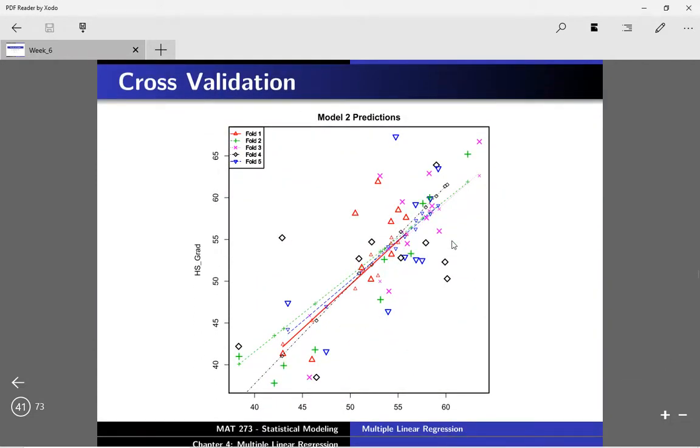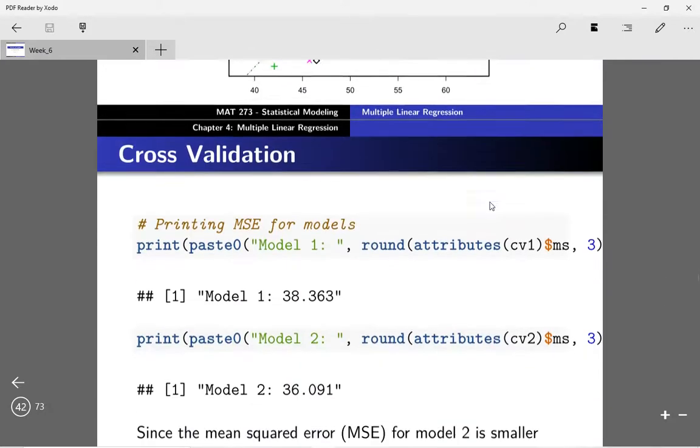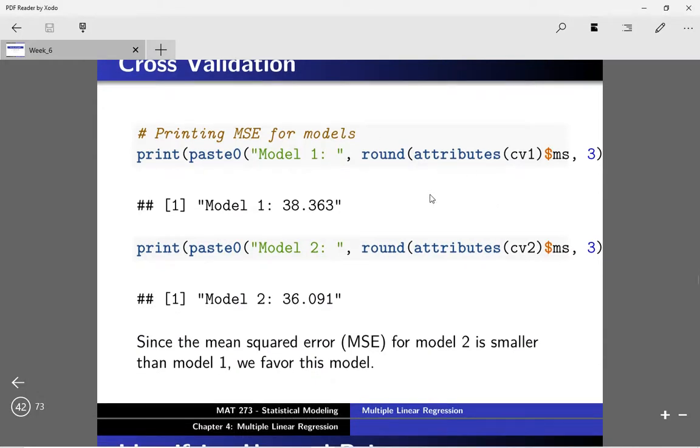And here's the set of predictions on the x-axis by the actual test set responses on the y-axis for the second model. So it's not really clear from the plot which one's better. There's not a super clear winner here yet. But we can get the MSE, the mean squared error, so the average error for the predictions for the test set for each model.